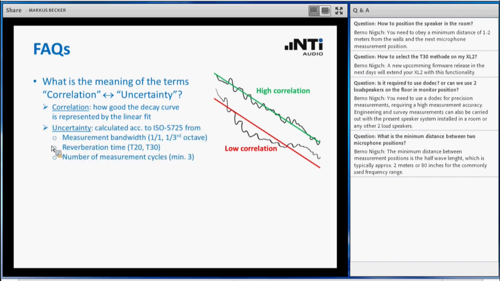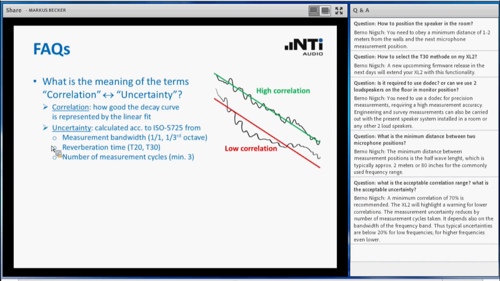On the other side, the uncertainty is a calculation that is specified by this standard, and there are three parameters that go into that calculation. First, the measurement bandwidth. A higher bandwidth, octave resolution for instance, gives us a lower uncertainty compared to third octave.